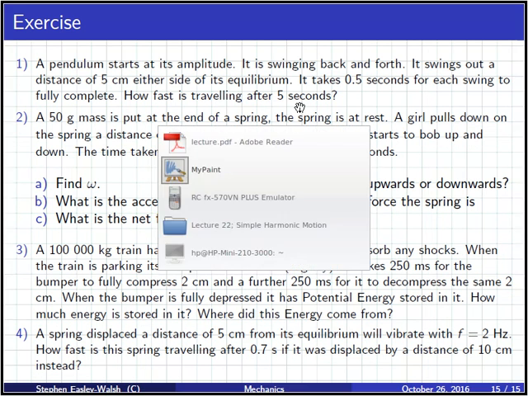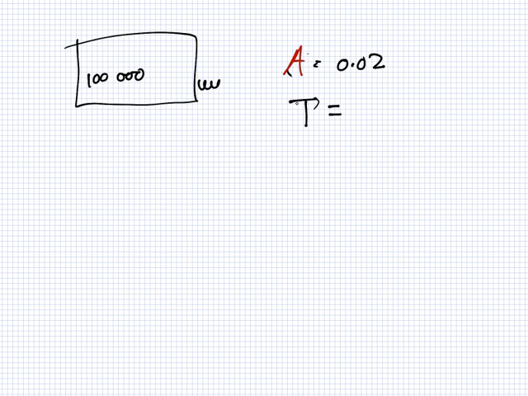So what's the periodic time here? 0.25. I don't think so. I think it's going to be 0.5 because the time for one cycle, yes. The bumper comes in, look. The bumper comes in, decompresses, that takes 250 milliseconds.